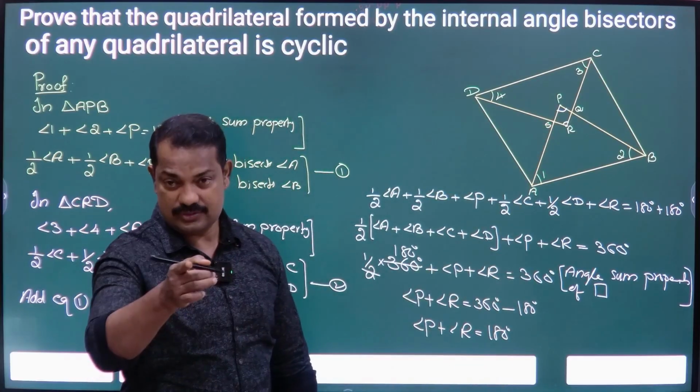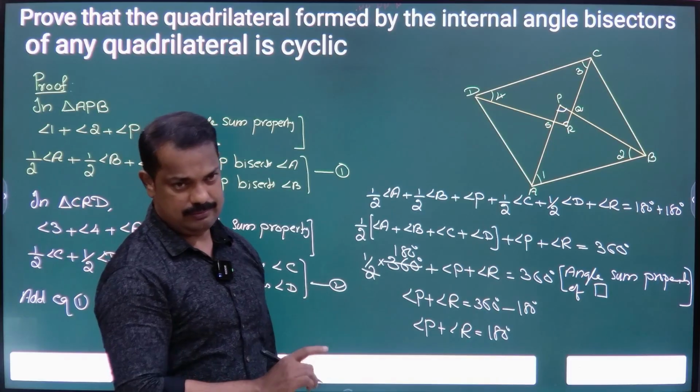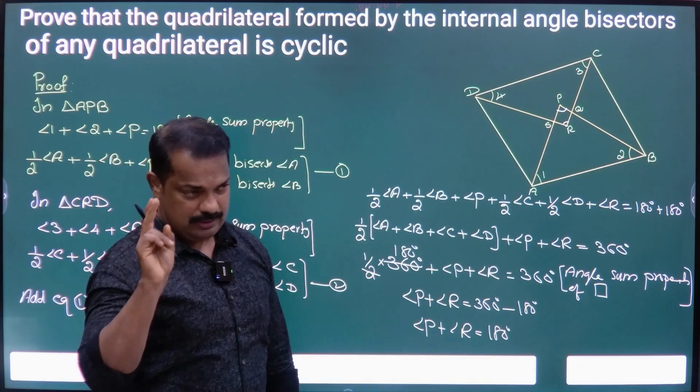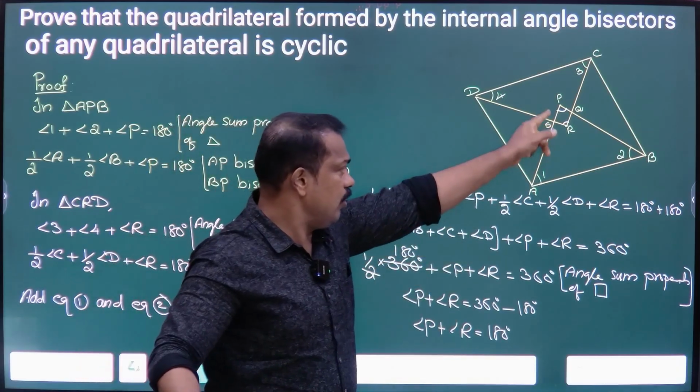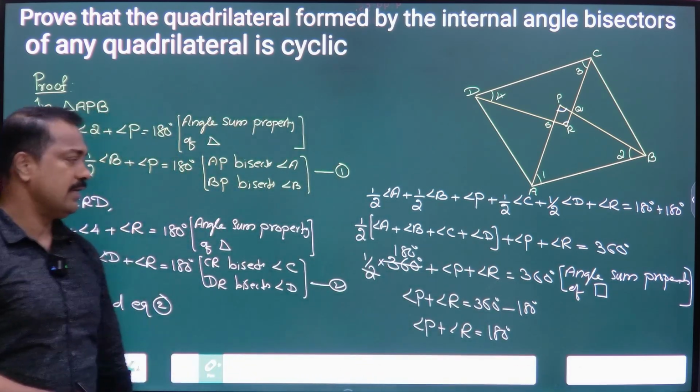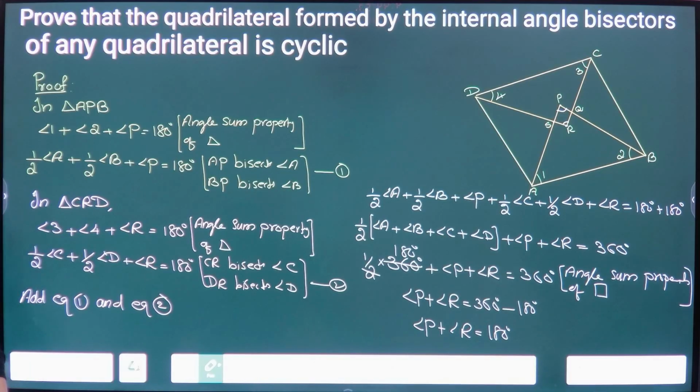So PQRS is a cyclic quadrilateral. Last statement. Okay. Clear? In quadrilateral PQRS, the sum of the opposite angles is 180 degrees. Therefore, PQRS is a cyclic quadrilateral.